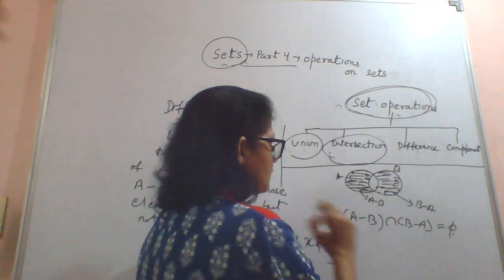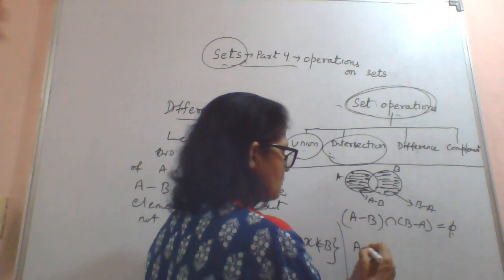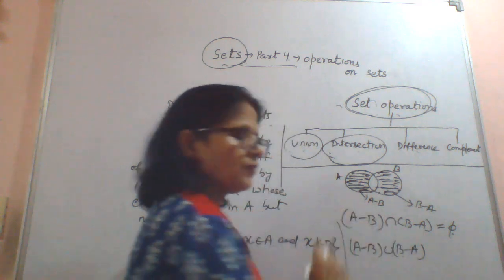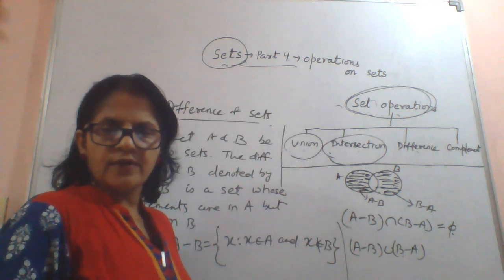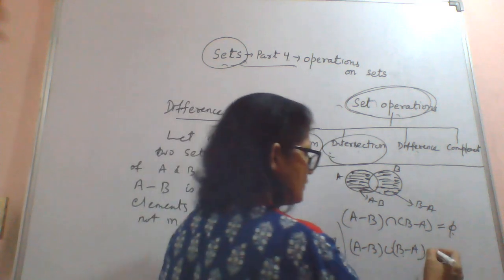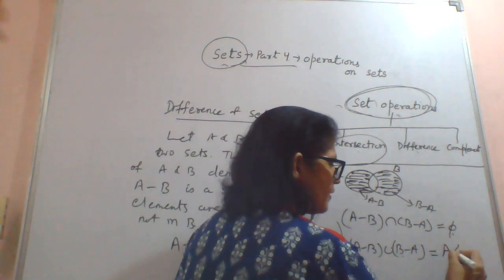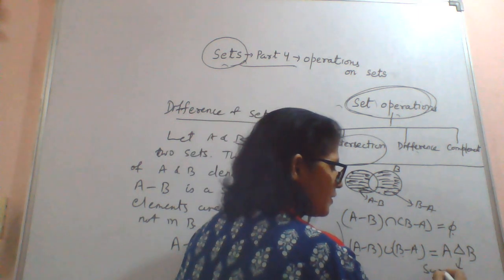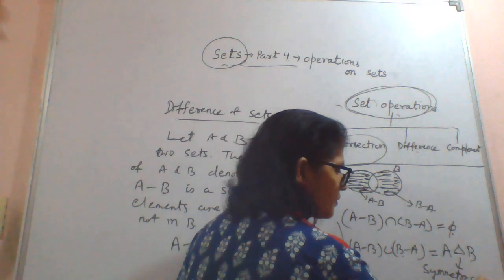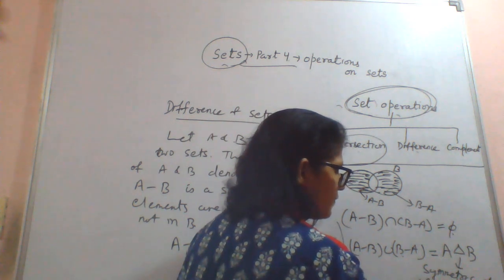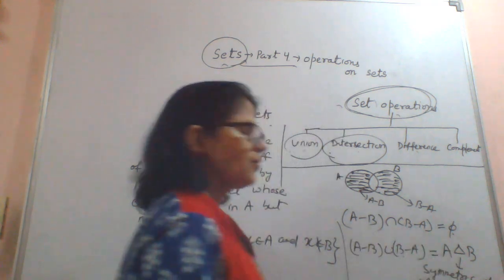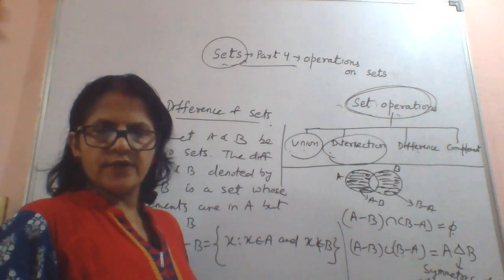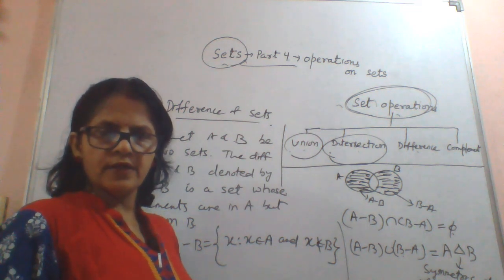Similarly, whenever I take the union of the two sets A difference B and B difference A, we get another set. We call it symmetric difference, A delta B. We read it as the symmetric difference of A and B. So A difference B and B difference A are both disjoint sets, I mean they do not have any element in common.